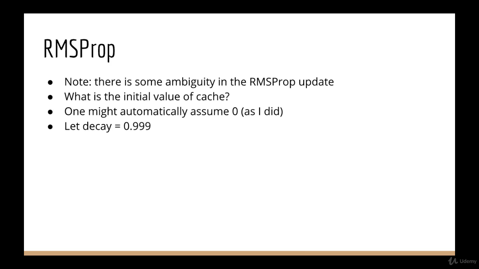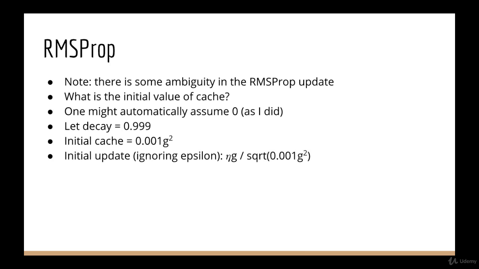Let's suppose you choose a decay rate of 0.999. Then your initial update for the cache will be 0.001 times g squared. So you're taking 1/1000th of the squared gradient. So disregarding epsilon for the time being, your effective learning rate actually becomes very large due to the fact that the denominator is very small. What you'd have to do is compensate by making your initial learning rate smaller than usual.